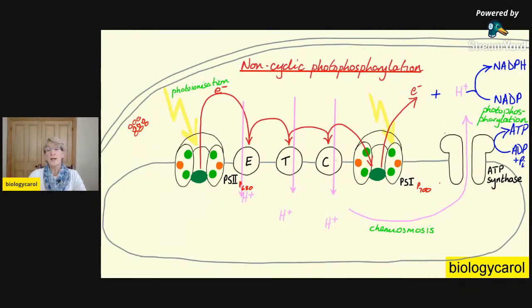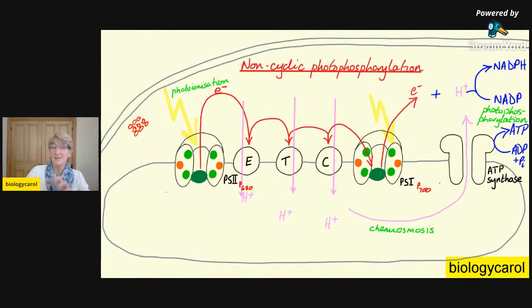So we have now got two things, in blue, from our light-dependent reaction shopping list. We've got ATP and we've got NADPH, ready to go off to the light-independent reaction. What we haven't done yet is produce oxygen, the last thing on the list.